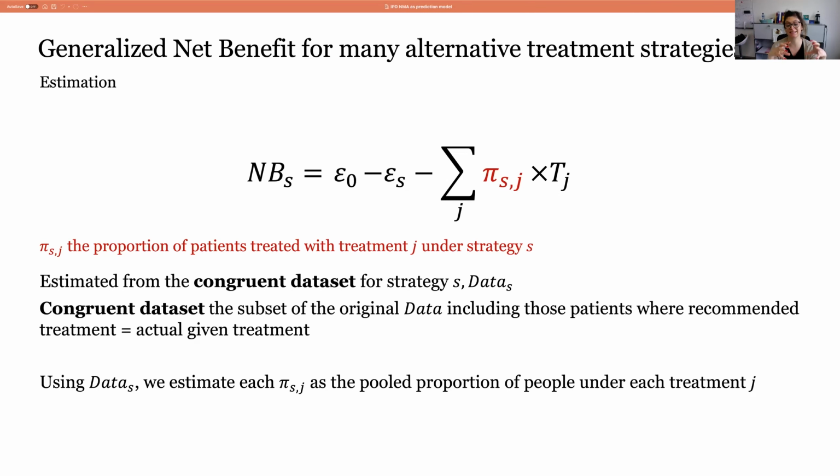So we find these subsets, and from that data set, we can estimate the proportion of people taking treatment J under this S strategy.